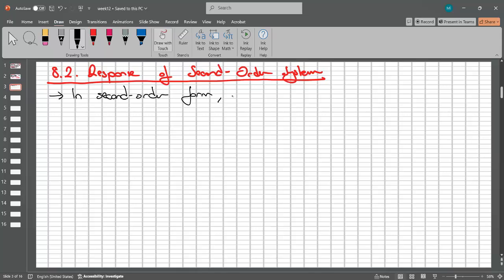Could you give me any example about it? Yes. We can add m x double dot and c times x dot. Okay, just continue, and kx. This is the parametric one. You are right. Okay.